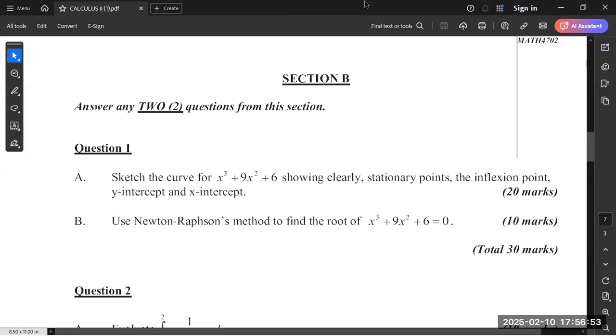Then we have -64, so that doesn't work either. And now you recognize that it's going up.